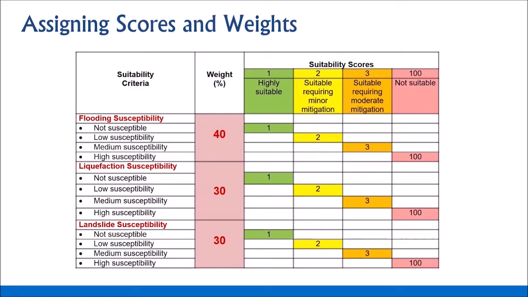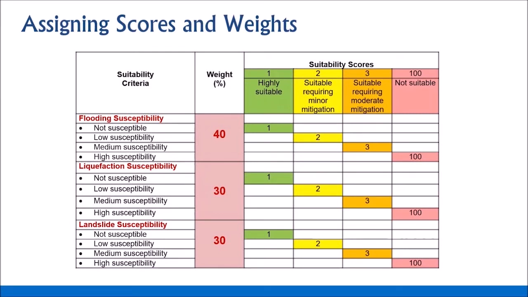And also, we set up a scoring system for the different suitability levels, such as 1 for highly suitable, 2 for suitable requiring minor mitigation, 3 for suitable requiring moderate mitigation, and 100 for not suitable areas.